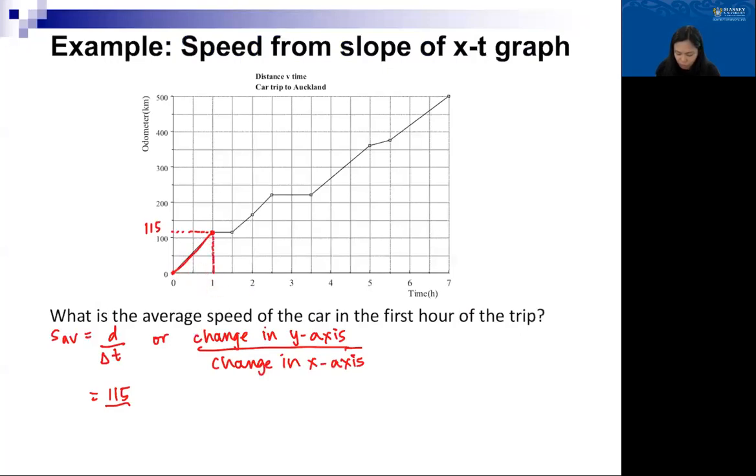The time it took you to reach this final position is 1 hour. So therefore, your average speed is 115. And the unit that was given in the graph is kilometers for the distance, and the unit given for the time is hours. So your average speed is 115 kilometers per hour.